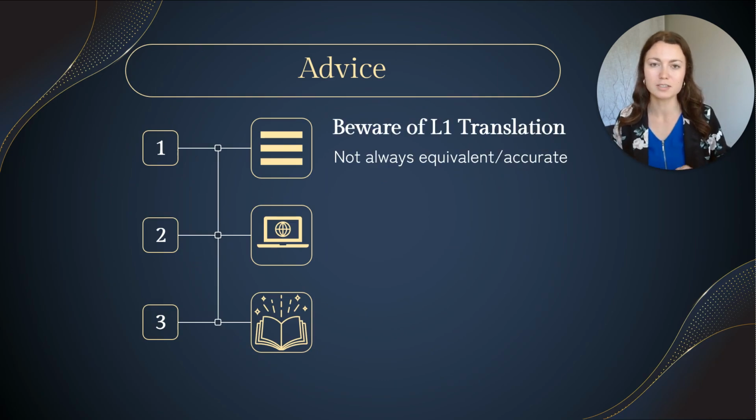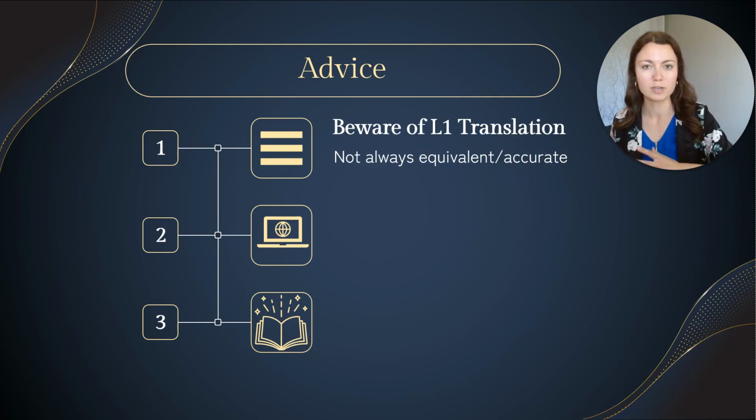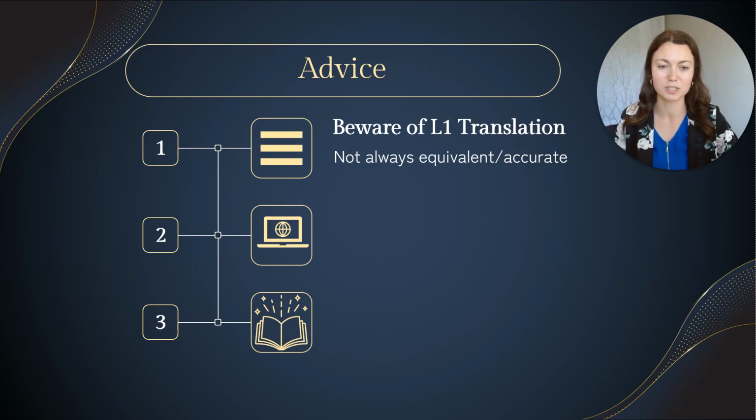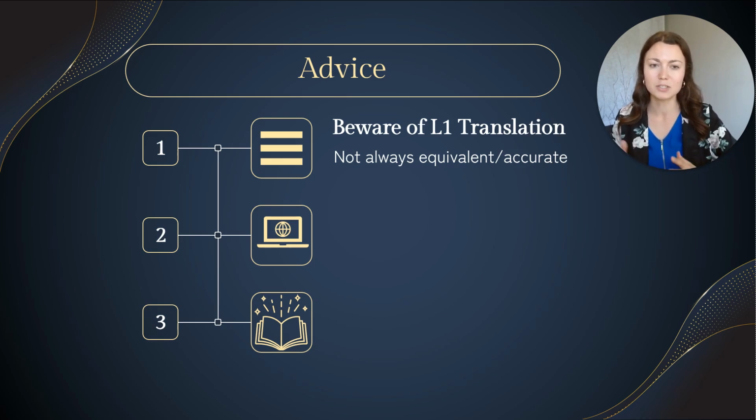The first thing is to beware of how words translate from your first language, which I wrote as L1 there, into English. What we notice is not every verb has a direct one-to-one translation. Sometimes there's one verb in your first language and English has 2, maybe 3 different verbs for that one verb.